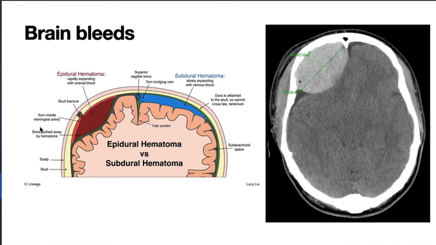Also see headache, seizures, vomiting, and elevated intracranial pressure. For subdural and epidural bleeds, we'll typically see surgical drainage, often with a burr hole for subacute and chronic hematomas, and typically a craniotomy for an acute subdural hematoma.